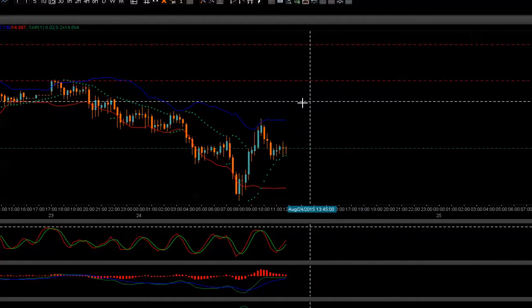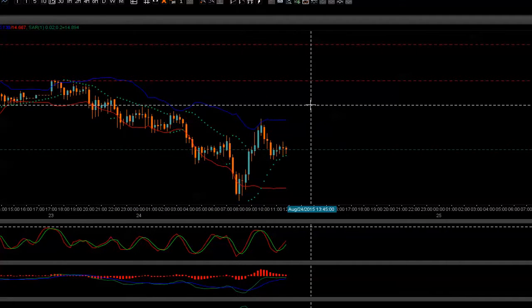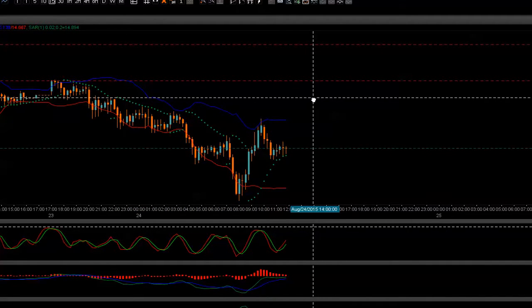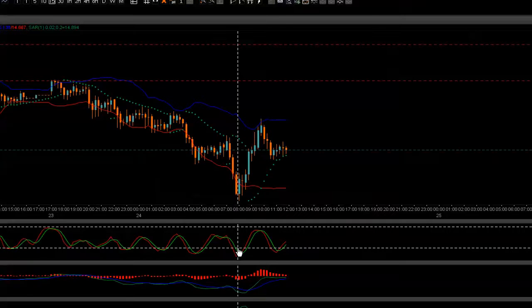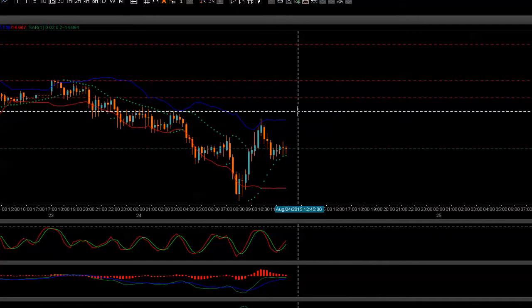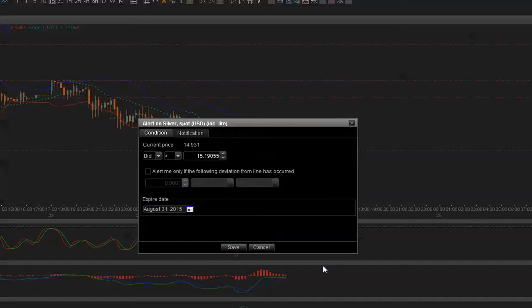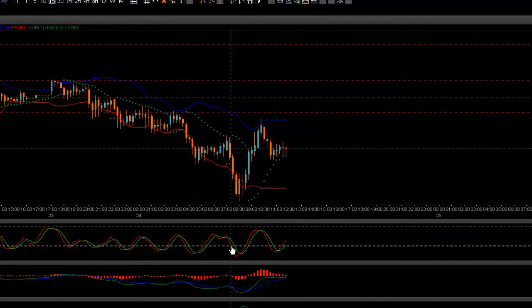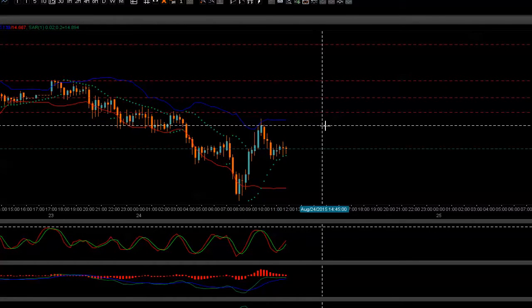And I'll set another one for the next major level down, which is right there. And then I'll set another alert for there, which is the next major drop, somewhere in there. And then I'll set one more for the high so far today, in there.